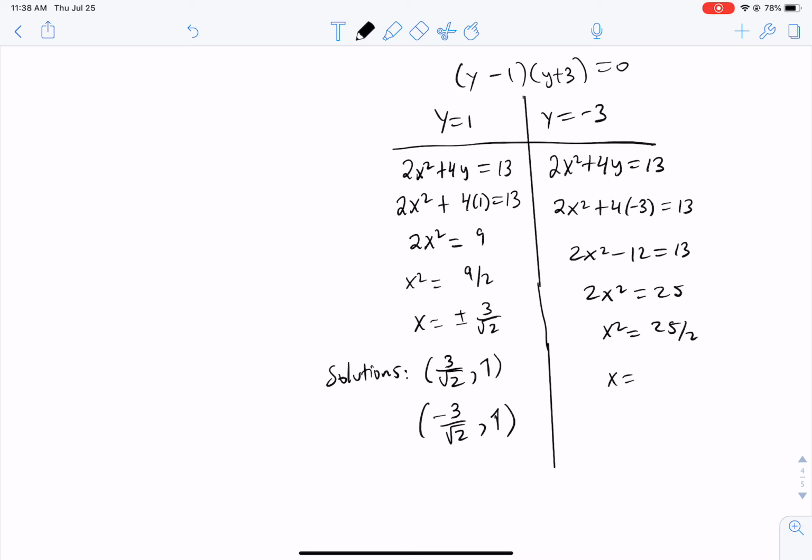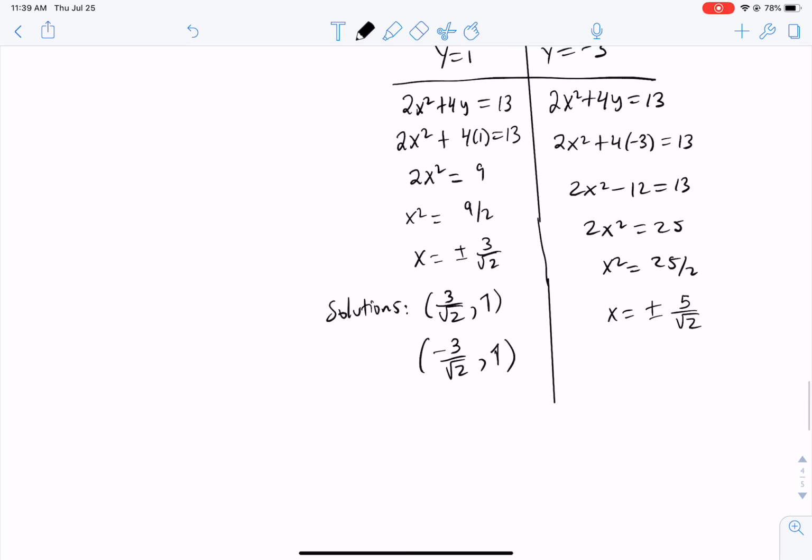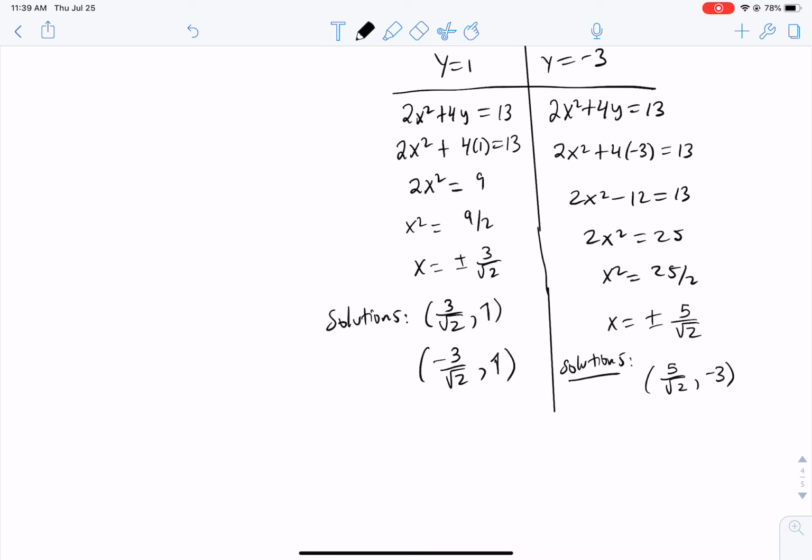And x will be plus or minus 5 over the square root of 2. And now these are another two possibilities. Solutions: we have 5 over the square root of 2, comma, negative 3, and then the second one will be negative 5 over the square root of 2, comma, negative 3.